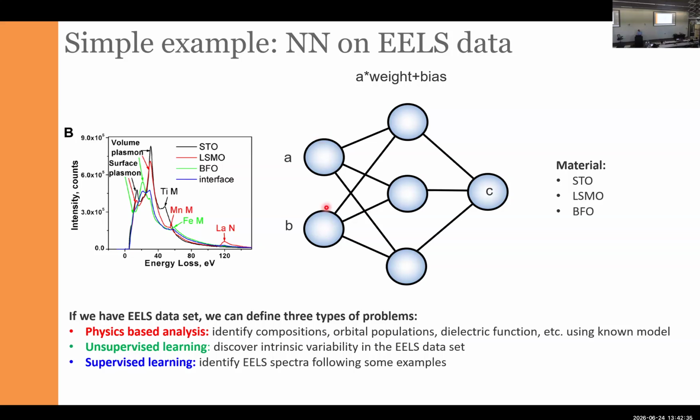For example, I show only 2 neurons, but it can be 100. The input can be a spectrum. The output can be a phase label. If the output is a phase label, then we deal with a classification problem. We want to classify our materials based on spectra. So what's the difference from clustering? Clustering is an unsupervised method.